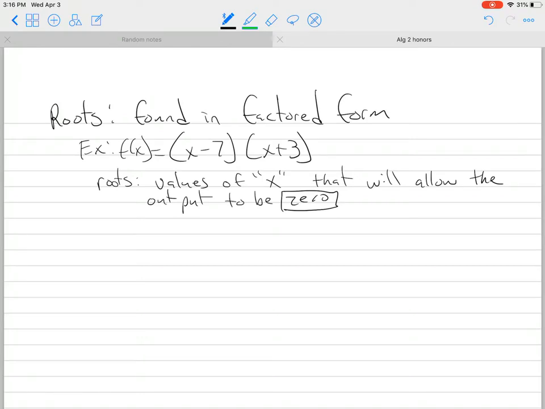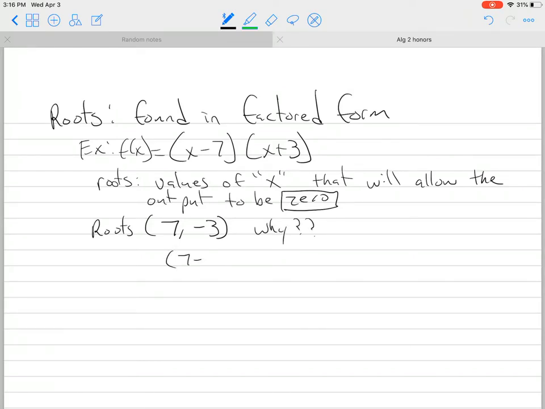Right, so what are the values of x that would allow this output to be 0? Well, so the roots of this one would be 7 would be a root, and negative 3 would be a root. Why?